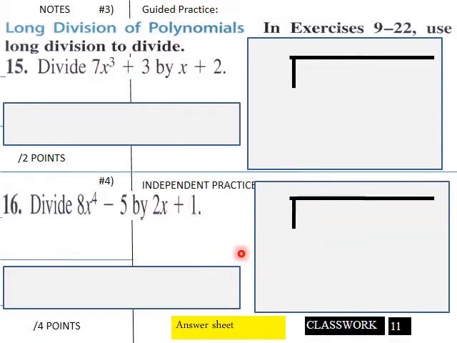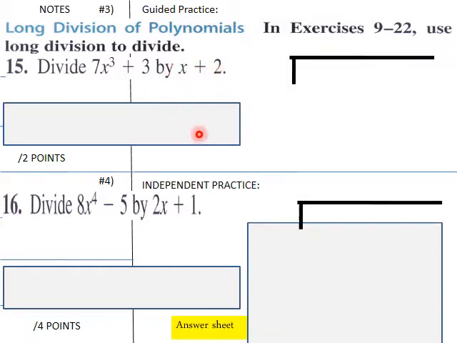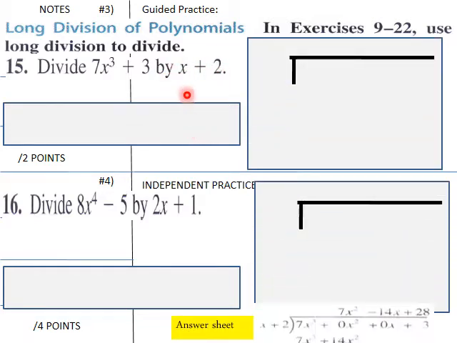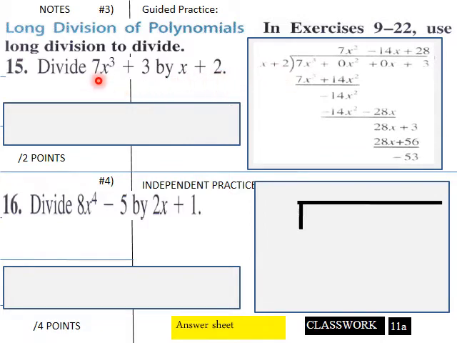This is you. So we're going to divide 7x cubed plus 3 by x plus 2. So to do that, x will go into 7x cubed 7x squared times. We multiply through. We get 7x cubed plus 14x squared.